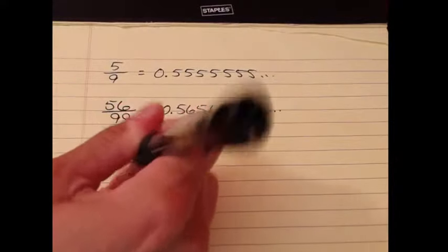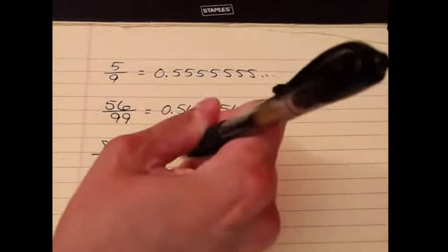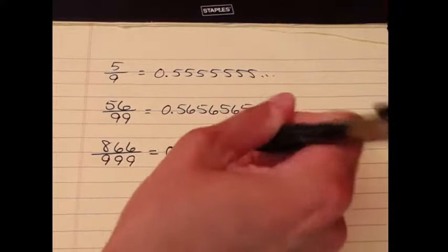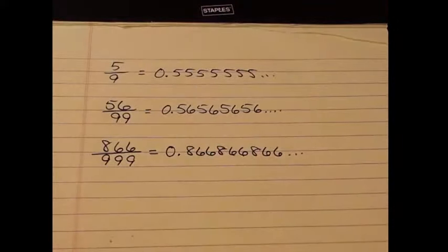It's going to be over a 999. Are you guys seeing the pattern? Take 866 divided by 999 and what do you know? 0.866866 repeating. You cannot tell me that that is not the coolest thing you have ever seen.